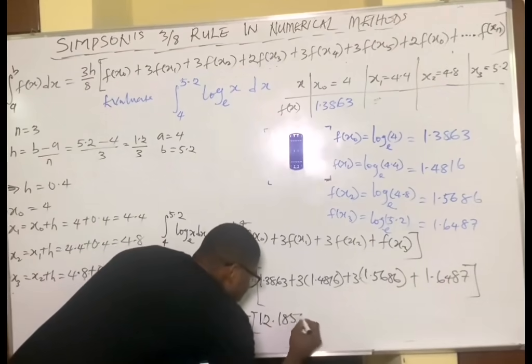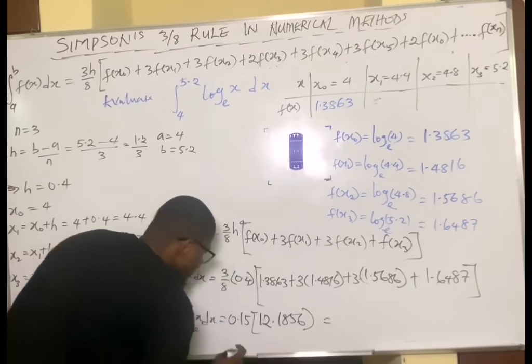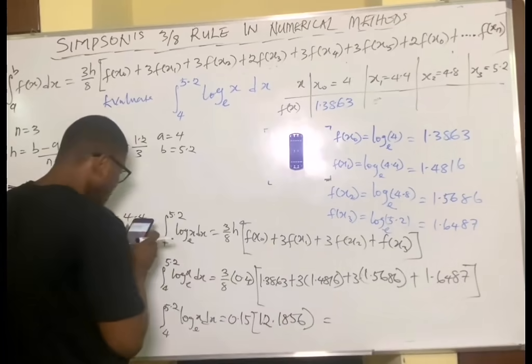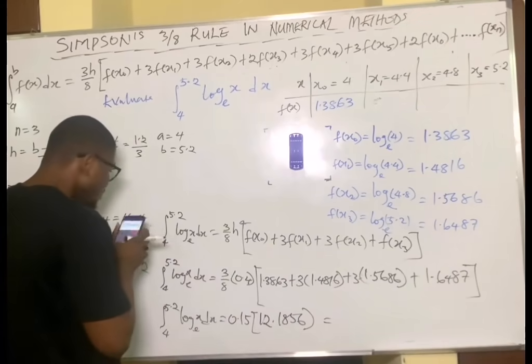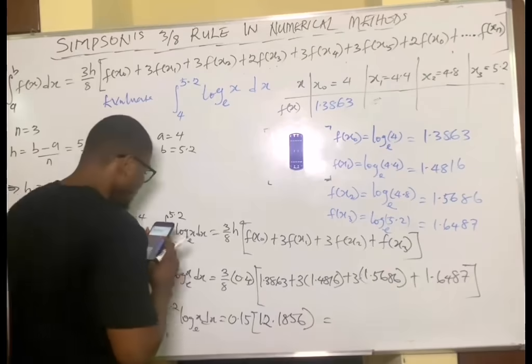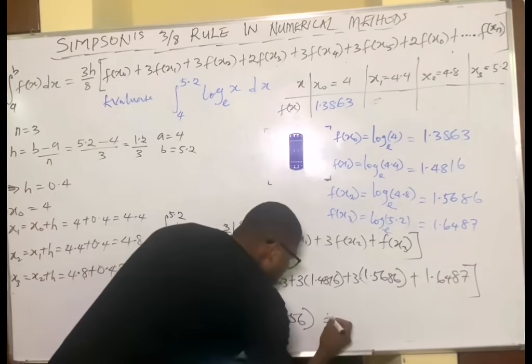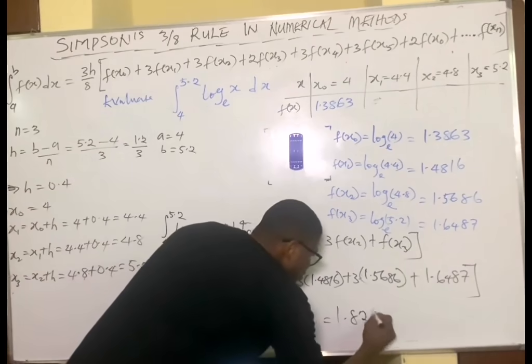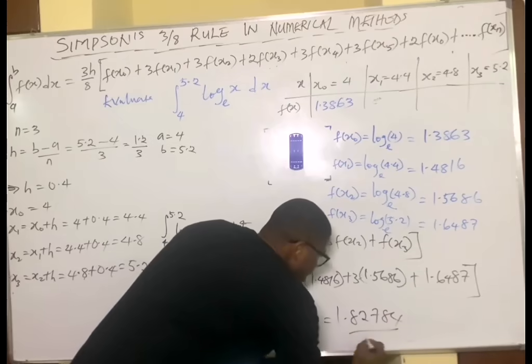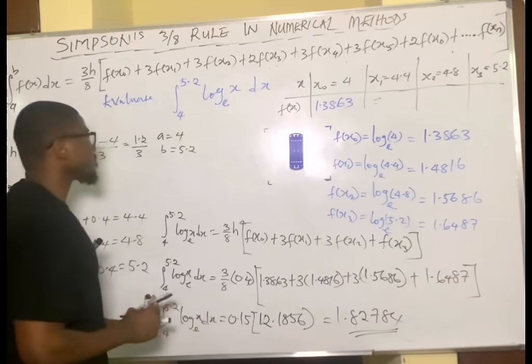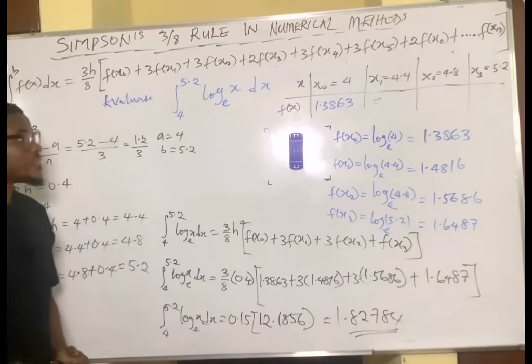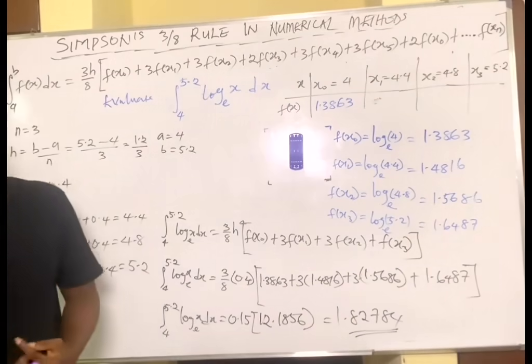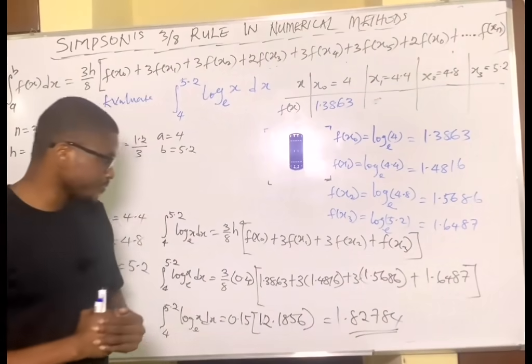If you multiply by 0.15, you simply have 1.82784, and that becomes the result of that integral using Simpson's 3 over 8 rule.